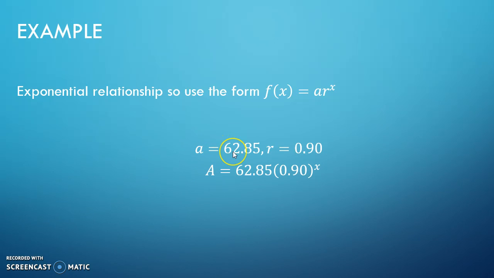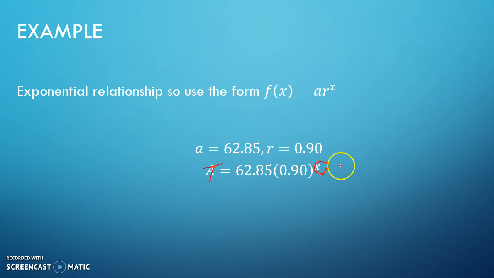So we know that our initial value was 62.85 and our growth rate is 0.9, so relating the attempts to the time: time equals 62.85 times 0.90 to the power of x, where x is our attempts.